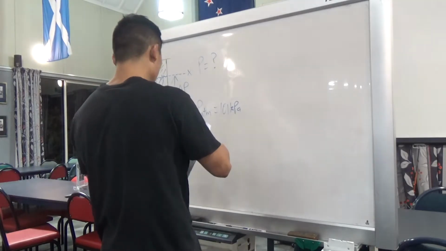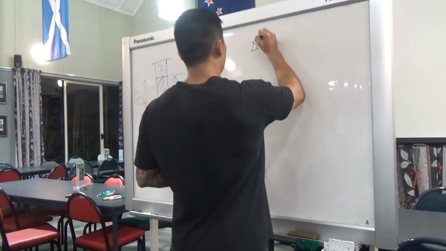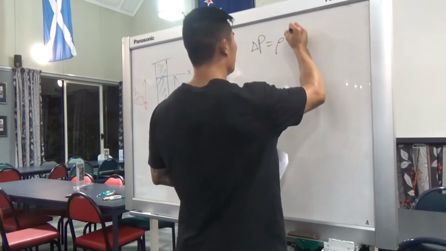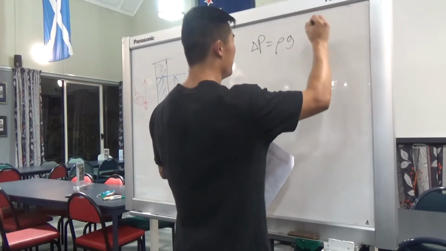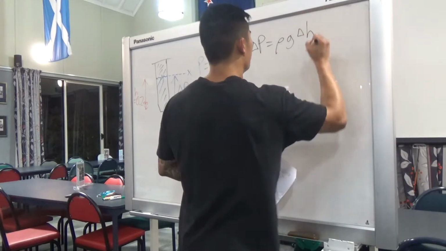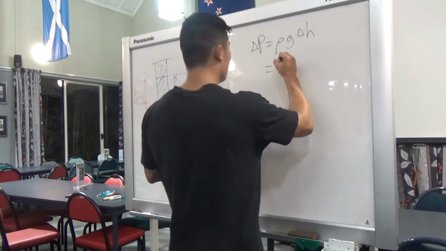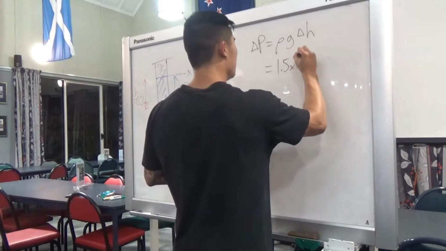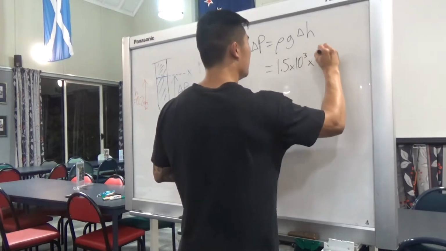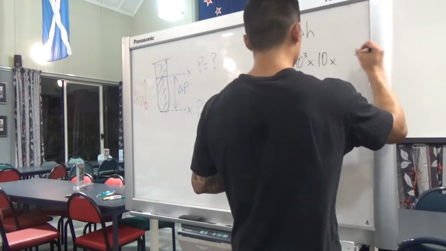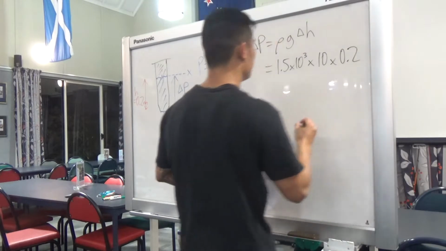So what we're going to do is calculate the change in pressure. Change in pressure is the density of the liquid multiplied by gravity multiplied by the change in height. So the density is 1.5 times 10 to the power 3, times gravity, which is 10, times our change in height, which is 0.2.